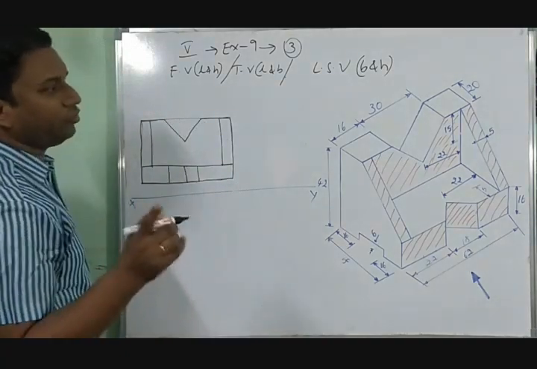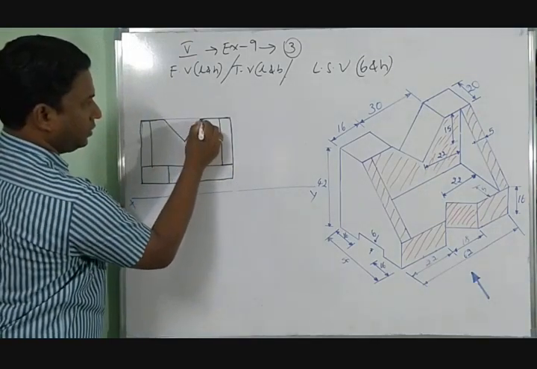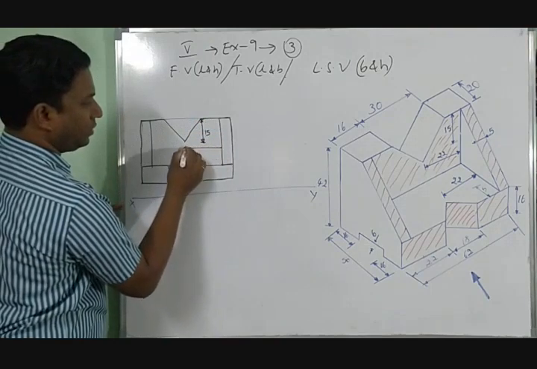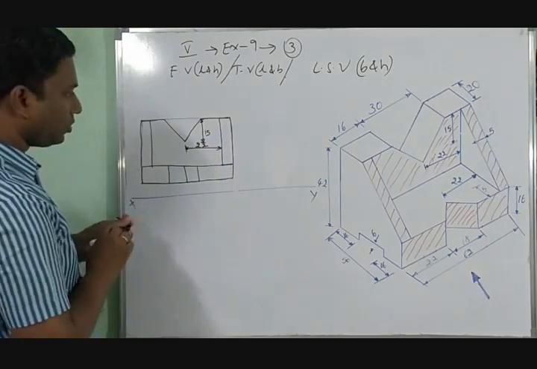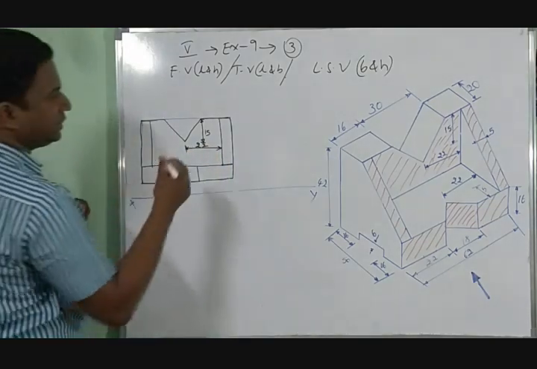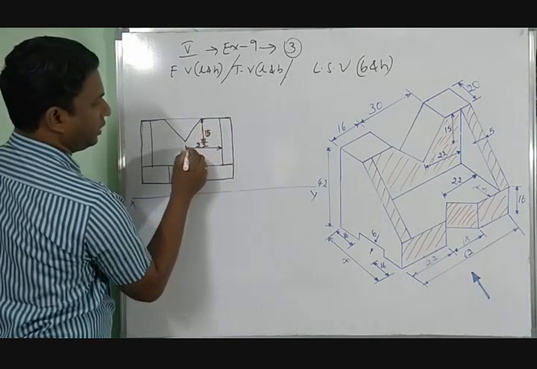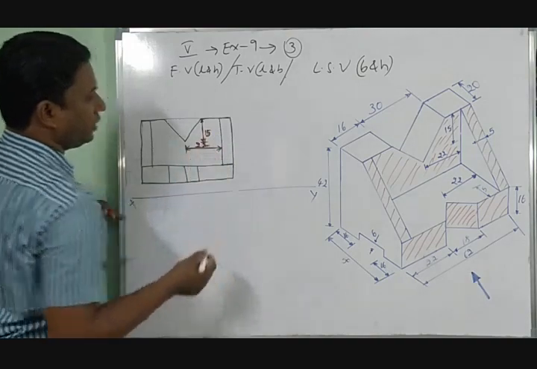See how you have to measure it. From here 15 and from here 22. Try to go for red so that it will be easy for you. 15, 22.